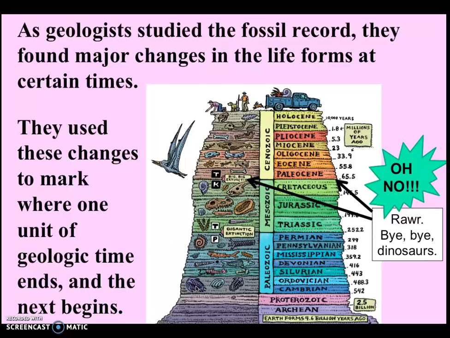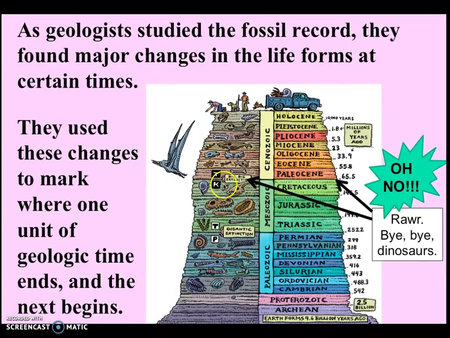All right, the next bullet says, as geologists studied the fossil record, they found major changes in the life forms at certain times. So this is just another graphic showing the geologic time scale. On the right here are the eras, and then they're showing some different fossils and rock layers.